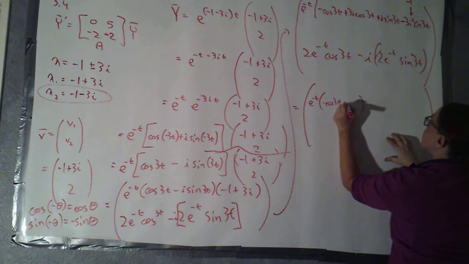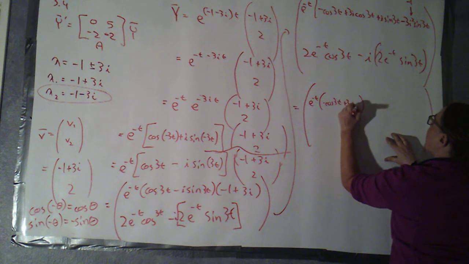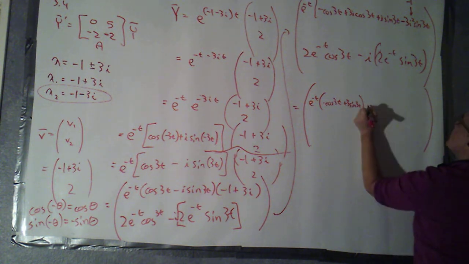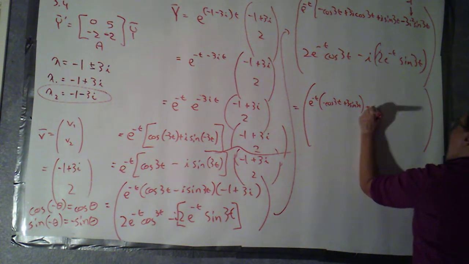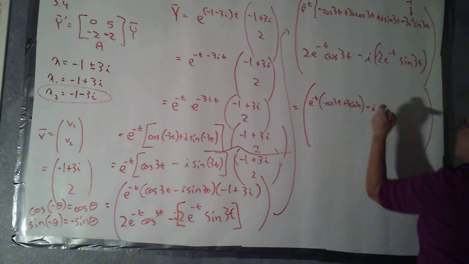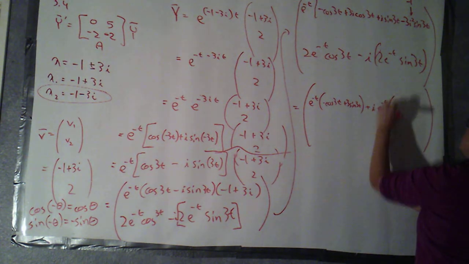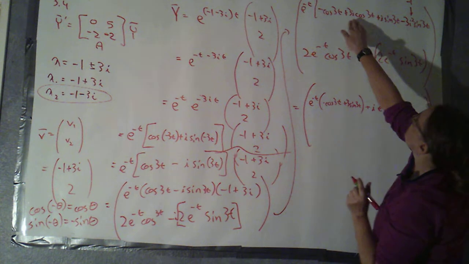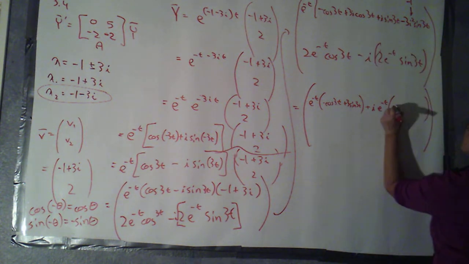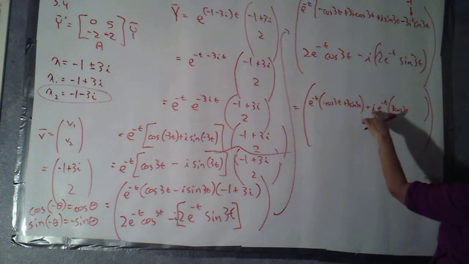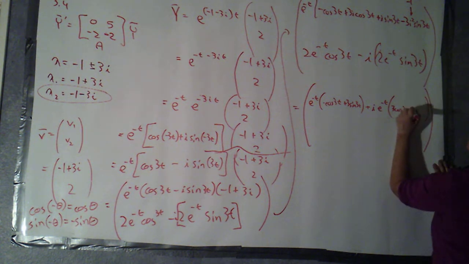So this is plus 3 sine 3t, plus i times e to the negative t times, this part was imaginary, so I've got 3 cosine 3t. I just put that i in the front, and then plus sine 3t.